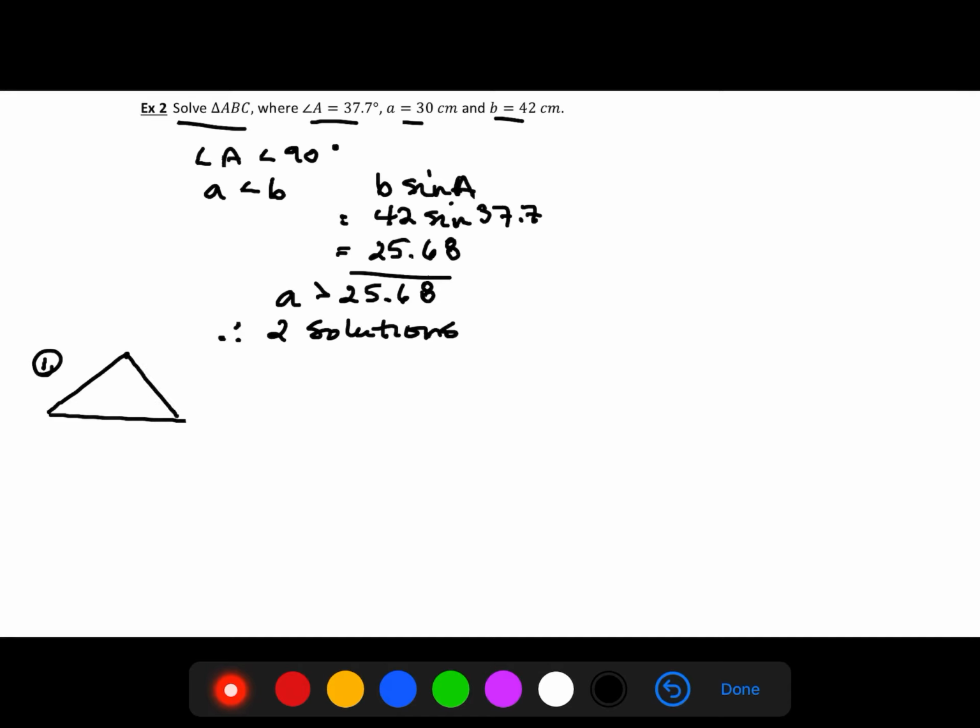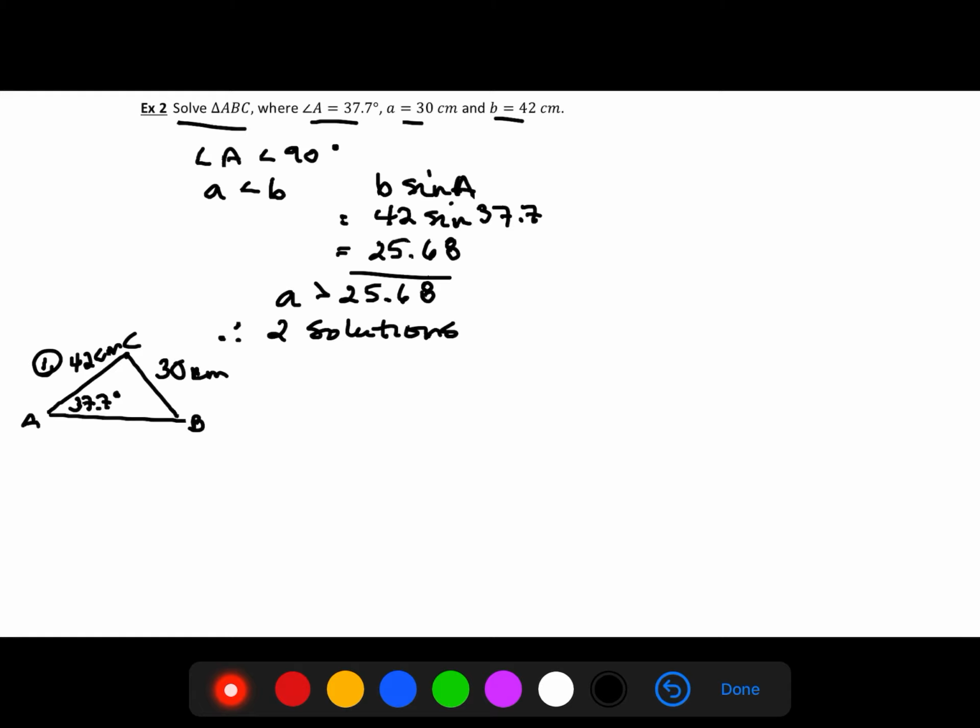So, the first triangle we're going to solve for, we've got our triangle ABC, and we've got angle A is 37.7 degrees, side a is 30 centimeters, and side b is 42 centimeters.